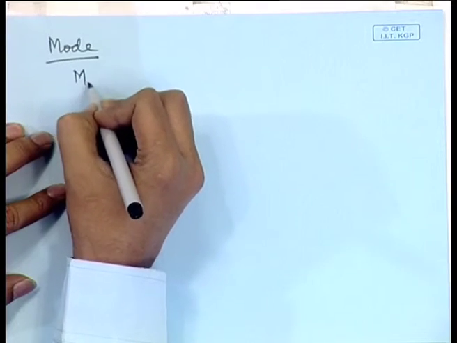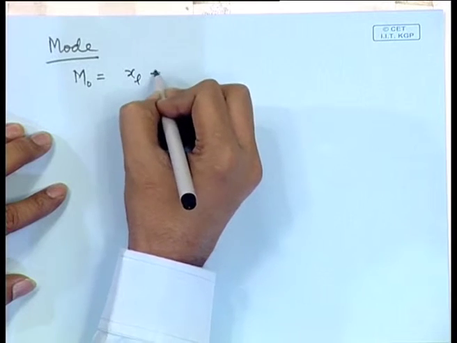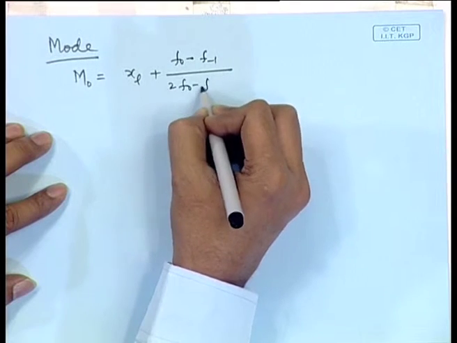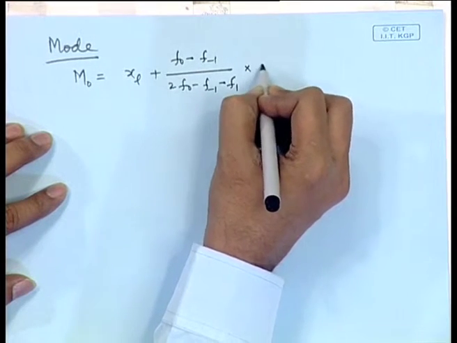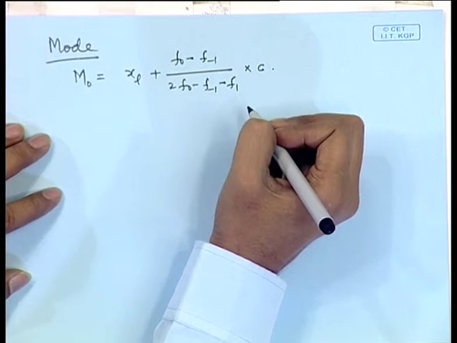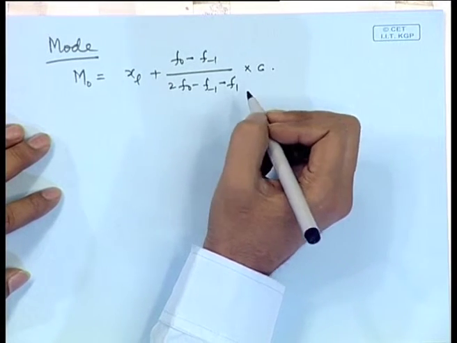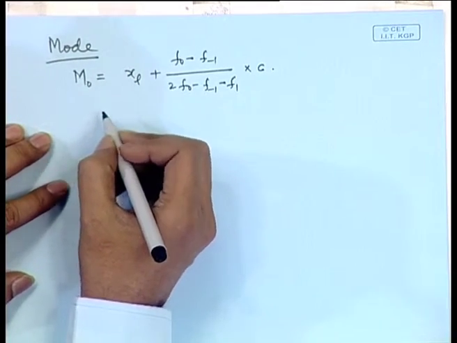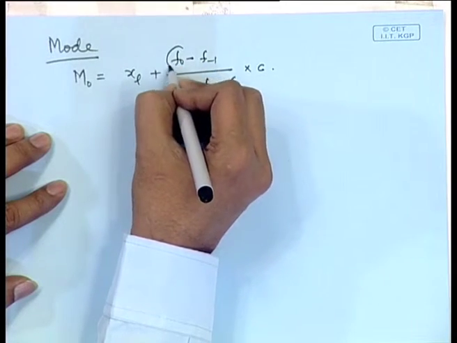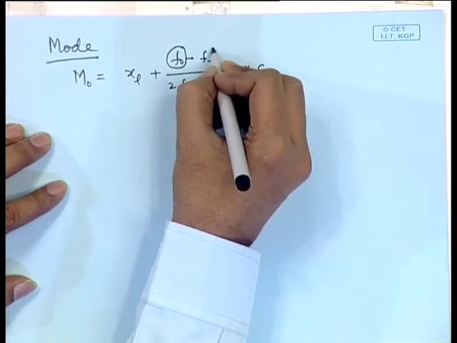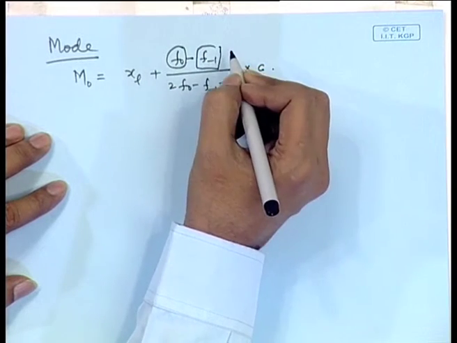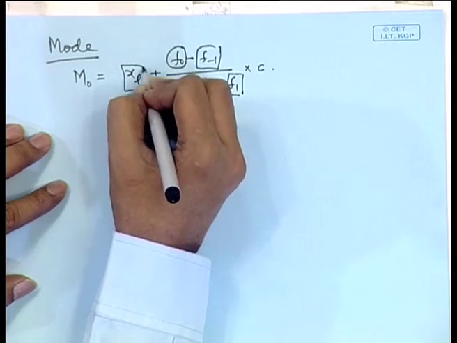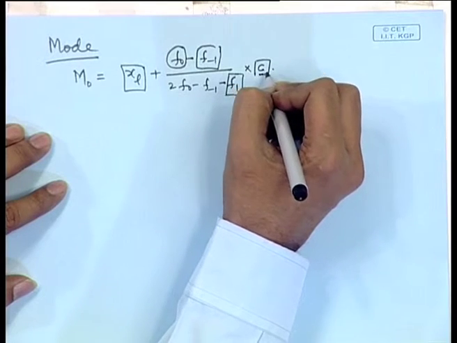That formula is: mode is equal to x_L plus (f_0 minus f_-1) divided by (2f_0 minus f_-1 minus f_1), into C. What we do is consider the class interval of the maximum frequency, and f_0 is the frequency of that class, which is called the modal class. f_-1 is the frequency of the class prior to that, and f_1 is the frequency of the class after it. x_L is the lower limit of that class, and C is the length of the class interval.